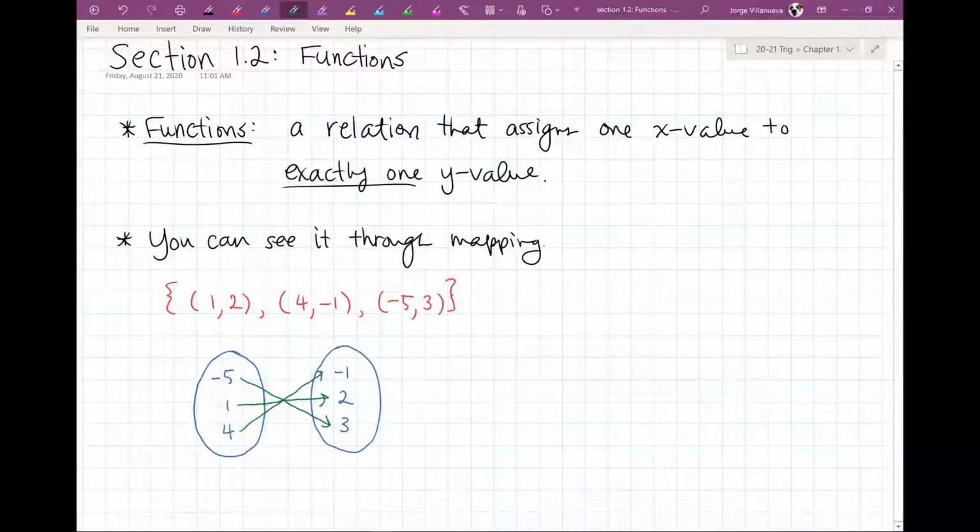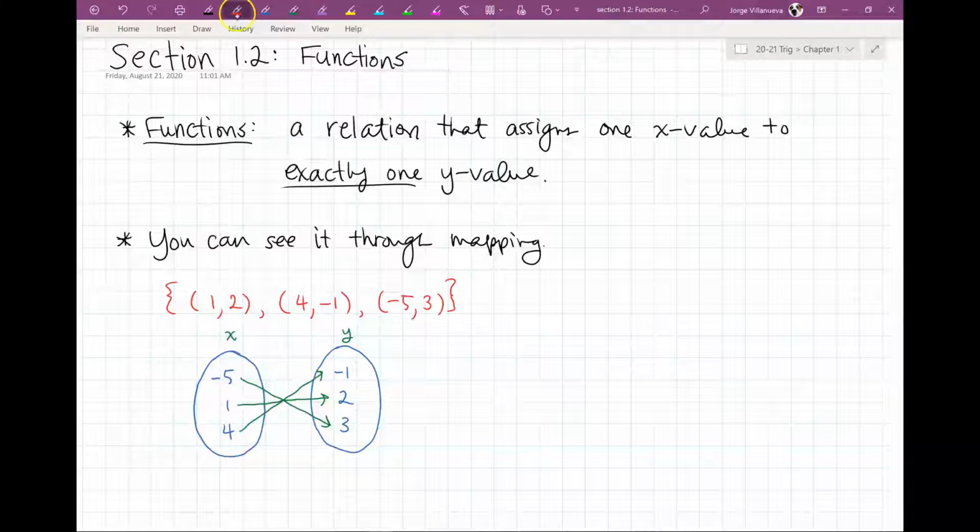Some people like to put x, y up here, so I'll put it up there for you guys. The main question is, do you see any x value that has more than one arrow coming out of it? No. So that means that the x value is related to exactly one y value.